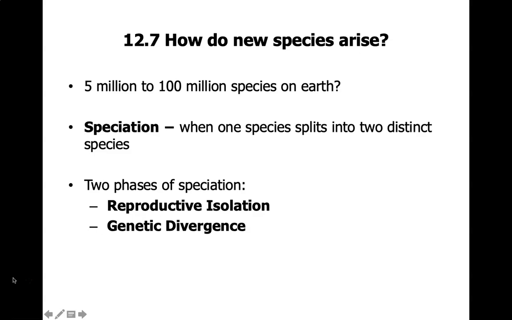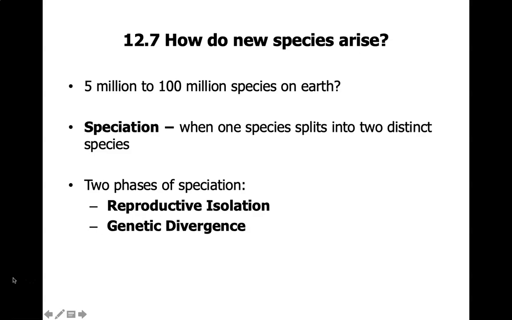So once we have stopped that, once we've blocked the ability to reproduce genetically viable offspring, we have produced new species.